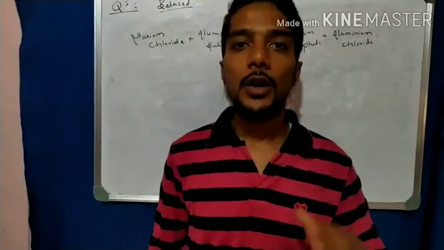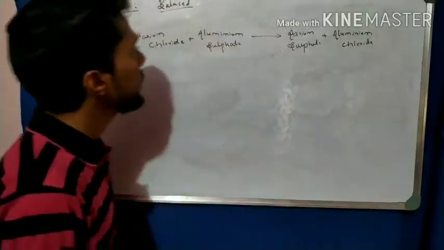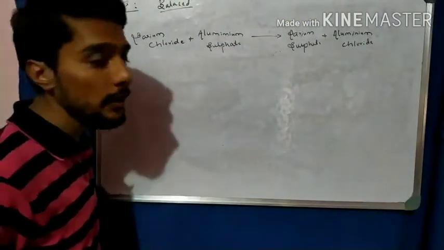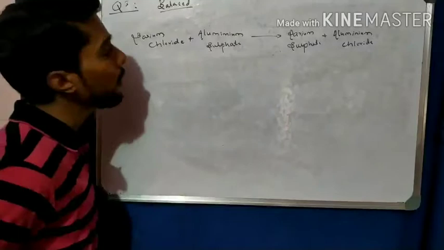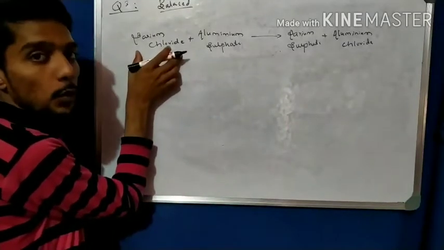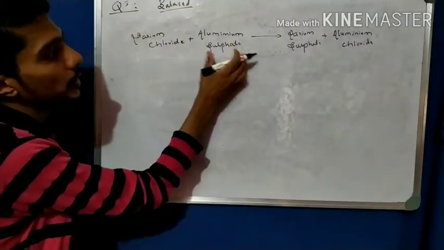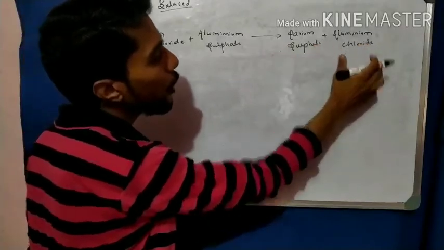Okay, students. Now come to question number 3 and balance this equation. Looking complicated, but observe it step by step. Barium chloride plus aluminium sulfate gives barium sulfate and aluminium chloride.